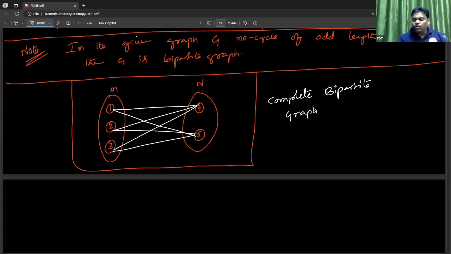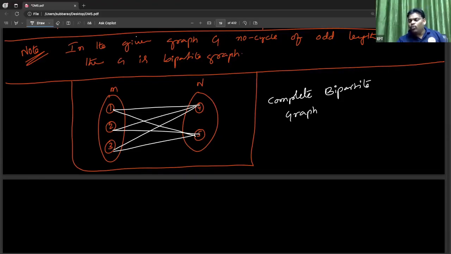Some people are asking, how can you say no gap, sir? Can I add one more edge? Sir, I also thought if there is an edge between 1 and 2, then it is not bipartite.